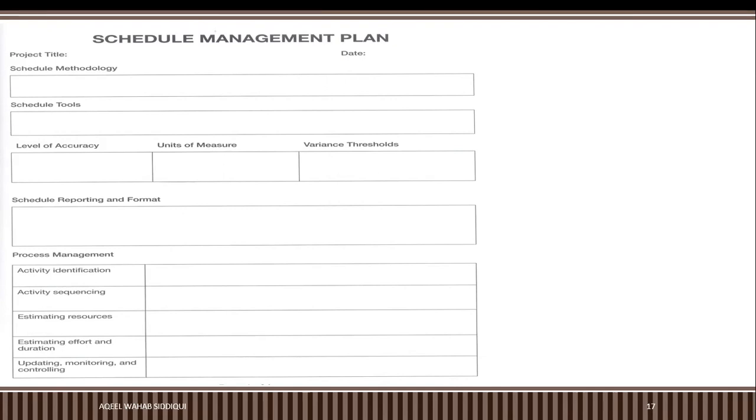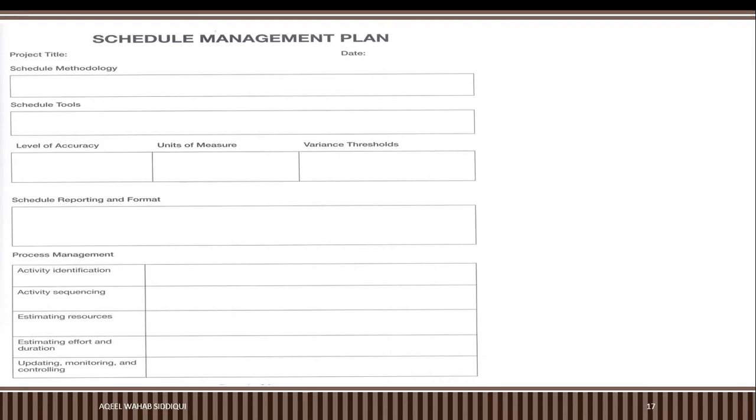It contains dozens of tools and techniques. Are you going to use all of them? No, the answer is no. So obviously in this document, in schedule management, we provide the tools and techniques which you are going to use for this process, along with schedule reporting and formats.